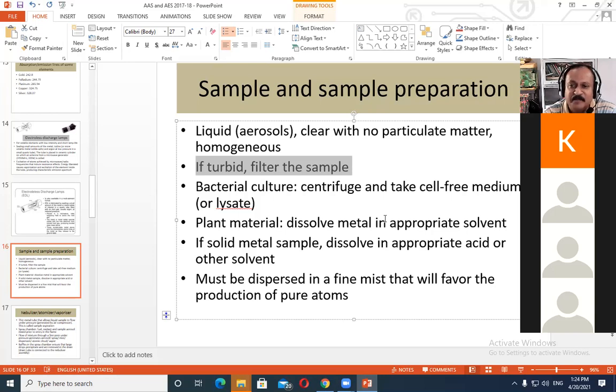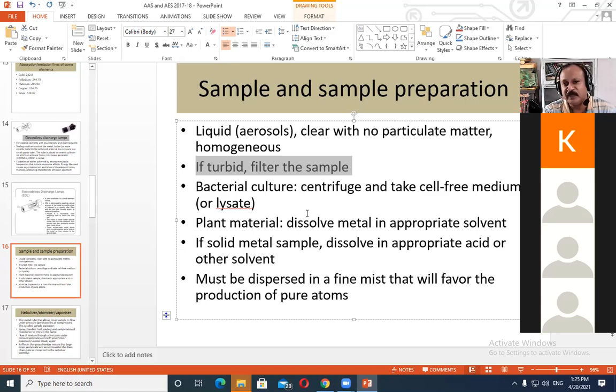If it is, for example, a bacterial culture medium, and from that medium you want to analyze something, then you must ensure that all the bacterial cells from that medium are removed, either by centrifugation or by some other kind of filtration. If you want to analyze the metal content within the bacterial cells, then of course you will have to lyse the bacterial cells.